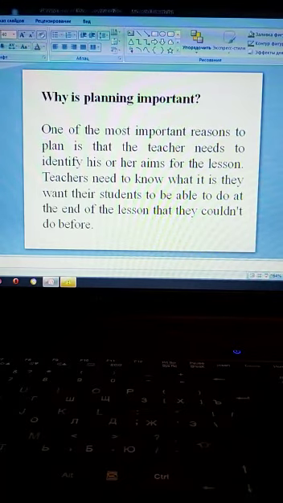Why is planning important? One of the most important reasons to plan is that the teacher needs to identify his or her aims for the lesson. Teachers need to know what they want their students to be able to do at the end of the lesson that they couldn't do before.